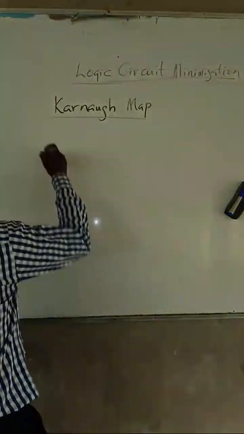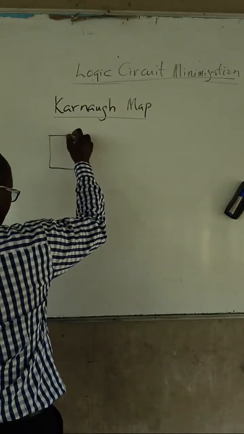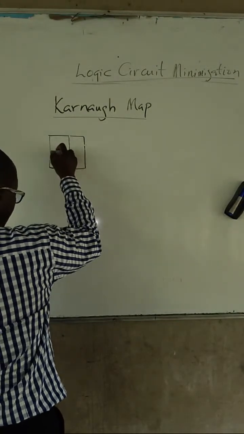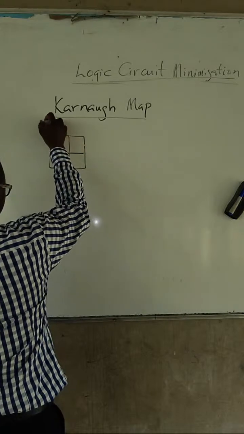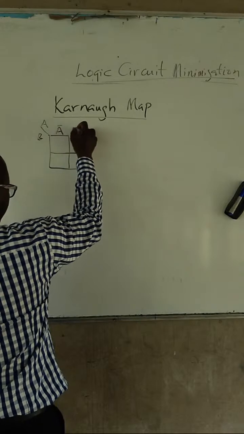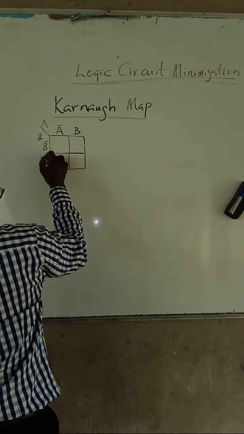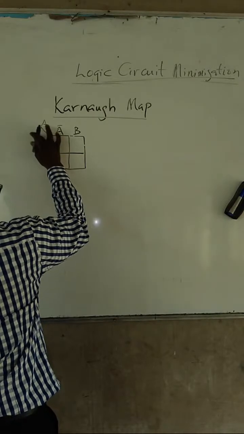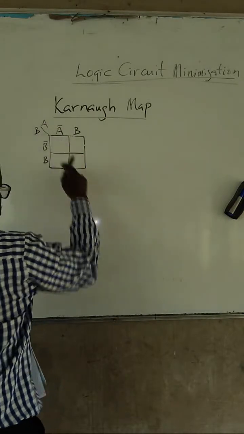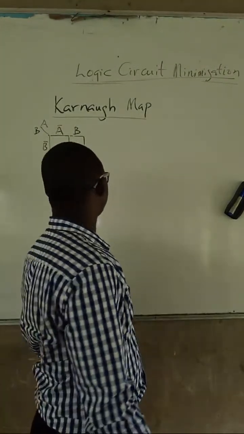I'm going to have a box like this, whereby we have A on this side, B on this side. We're going to have A bar, A, and here we're going to have B bar, B. That's what we have. So this is for a 2-input logic circuit, only 2 inputs.